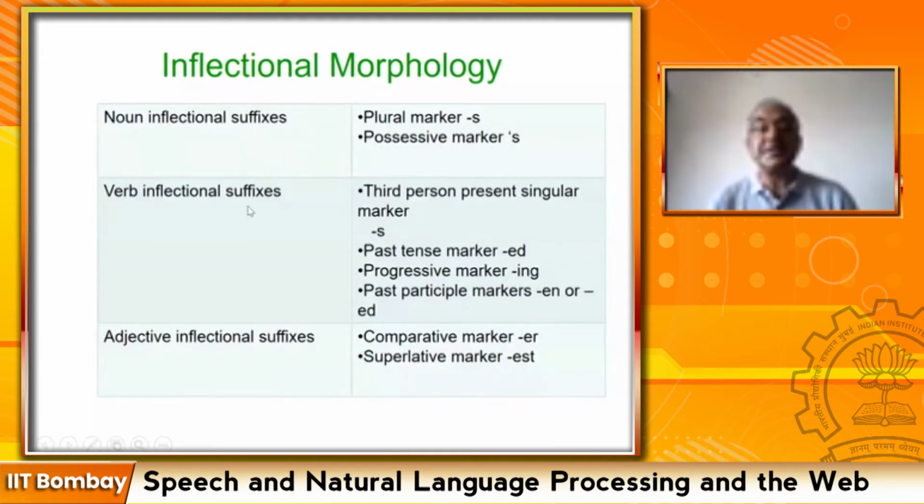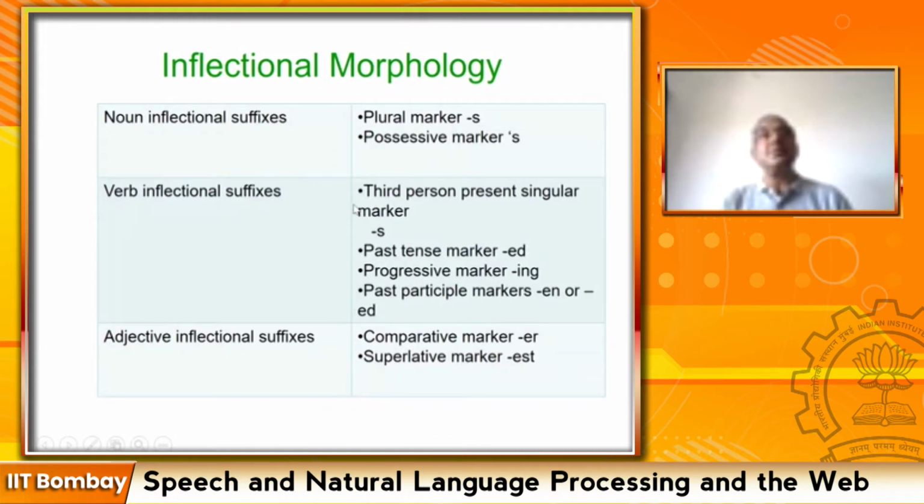Verb inflectional suffixes are the third person present singular marker s, the past tense marker ed, the progressive marker ing, and the past participle marker n or ed. Adjective inflectional suffixes are er, so fast, faster, fastest. So these are inflectional morphology.